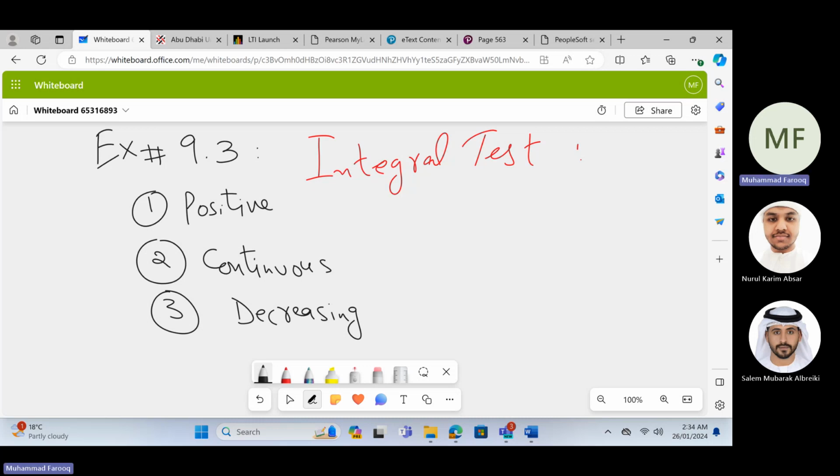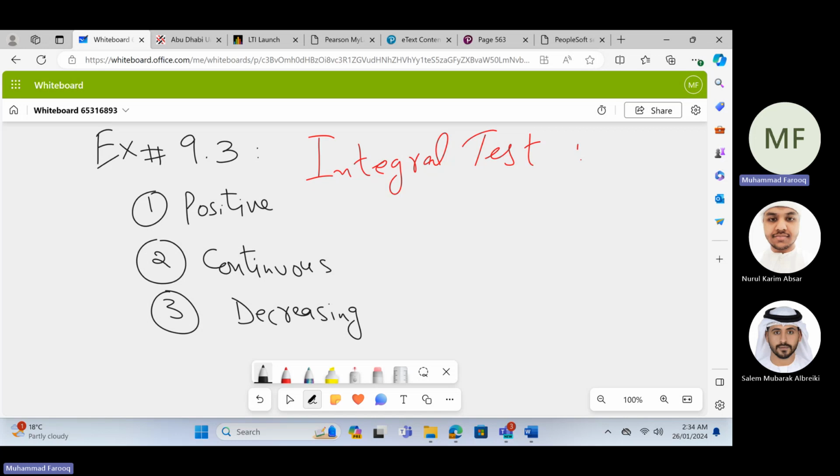So generally you should know the requirement: not every function can get the integral test. Only those questions that have these 3 conditions get it. If they are positive, continuous, and decreasing, then you can apply this test.